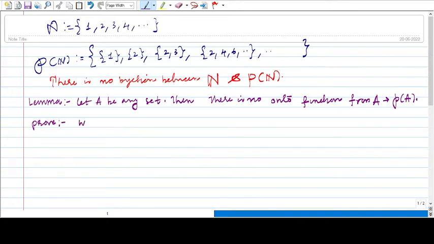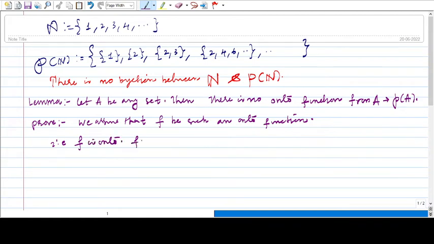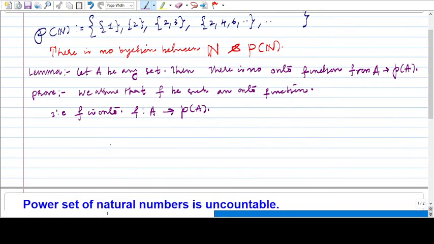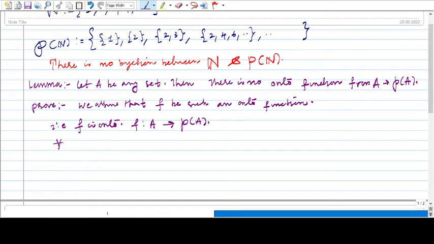We assume that f is such an onto function, that is, f is onto, from A to the power set of A. Because f is onto, for every y belonging to the power set of A, there exists an x belonging to A such that f(x) = y.